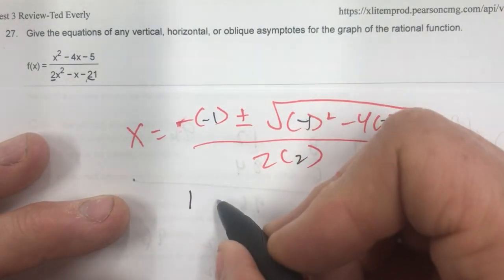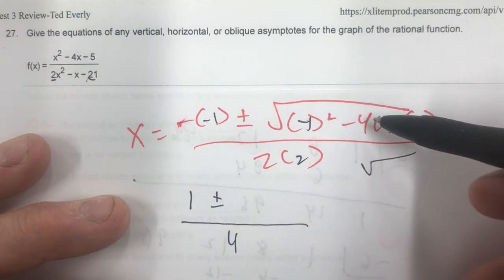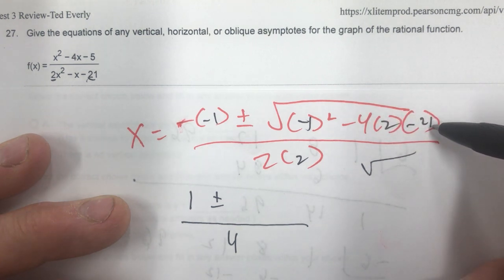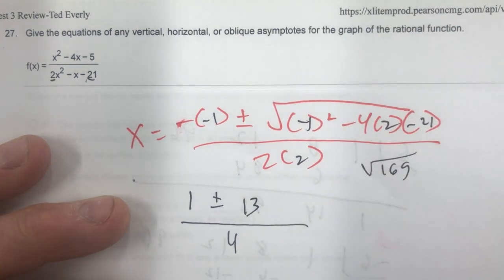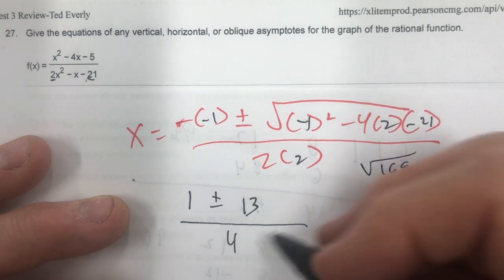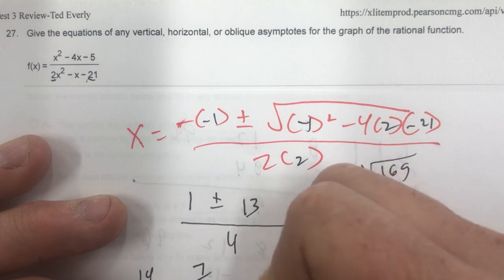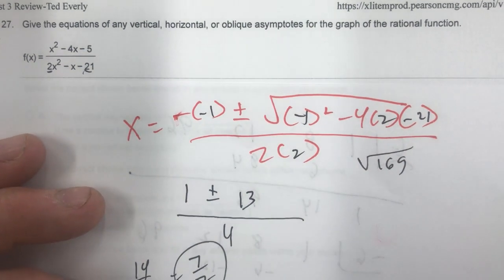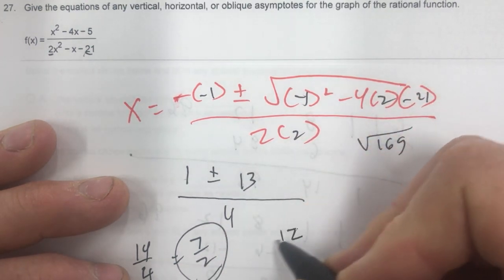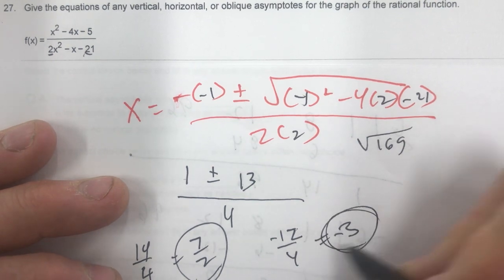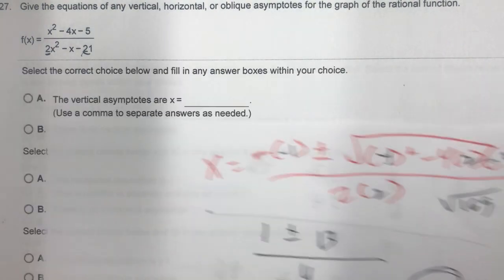So I got 1 plus or minus, down here I got 4, and then my radical: 1 plus 168 is 169, and the square root of 169 is 13. So 1 plus 13 is 14, 14 over 4 is 7 over 2. There's one zero. And then 1 minus 13 is -12, -12 over 4 is -3. So there's my 2 zeros.